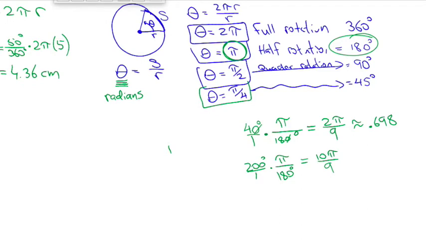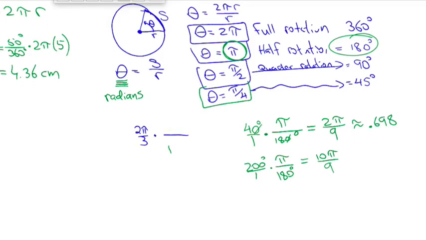It also works going the other direction. So if I give you something in terms of radians, let's say 2 pi over 3, and you're curious where this would be located and you're not really comfortable with radians, you can convert it into degrees.